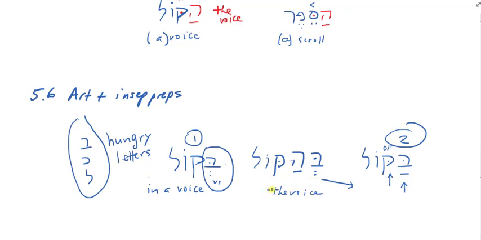B, in, ha, the, voice, kol. There's something interesting that happens here. These inseparable prepositions, I like to describe them as hungry letters. They're like horses. They like to eat hay. The article hay is going to get swallowed up by the inseparable preposition.